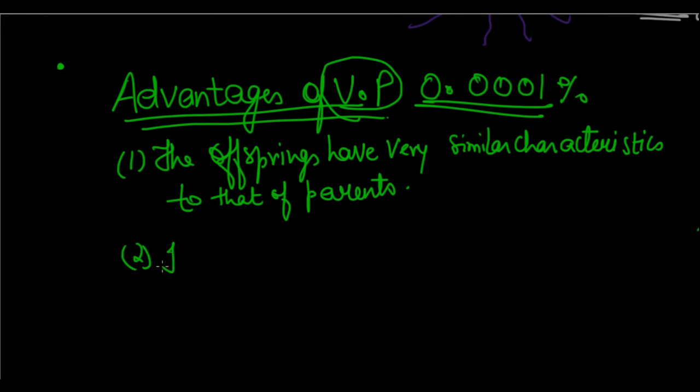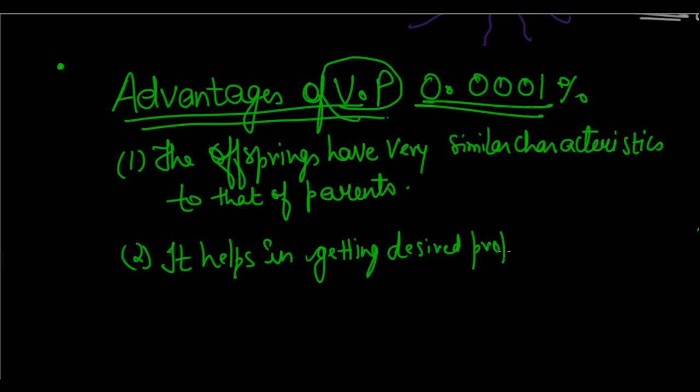Next, it helps in getting desired properties. So if you have an excellent strawberry plant, but after a point it stops, it's unique, it's just beautiful, you can't get more of it.